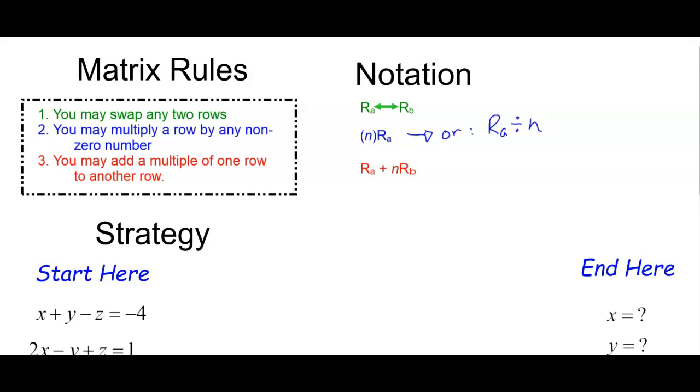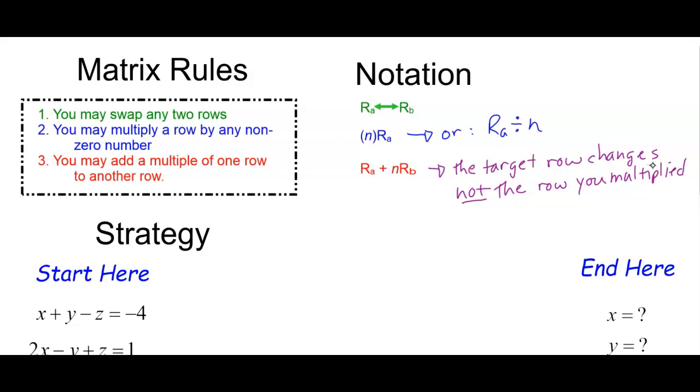And probably the most important thing to remember about that is the target row is the one that changes, not the one that you're starting from, not the row you multiplied. I'll show you some examples of that so that it'll make sense, because right now it's a little too abstract.